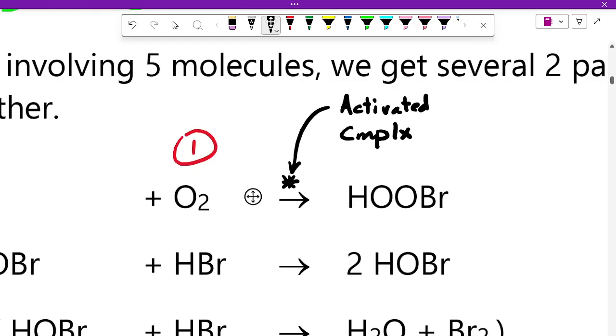Okay, so even in a mechanism, we do not see activated complexes. Okay?